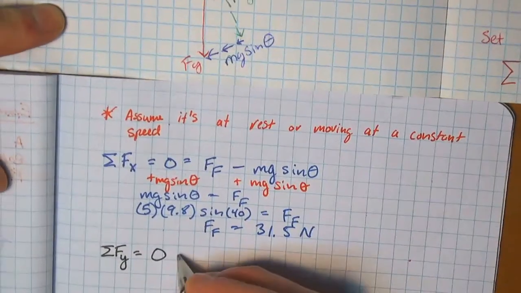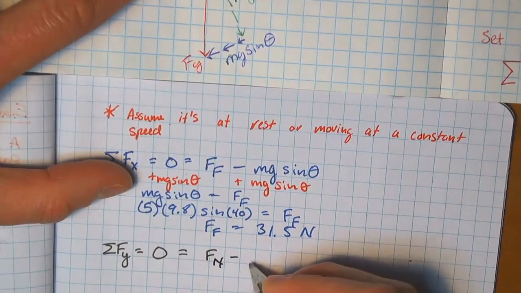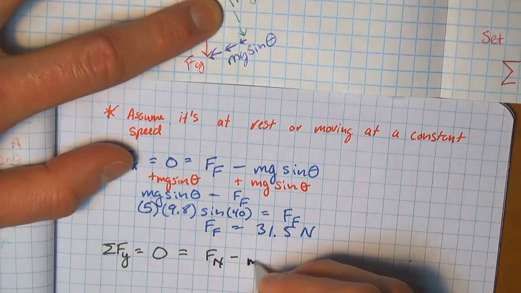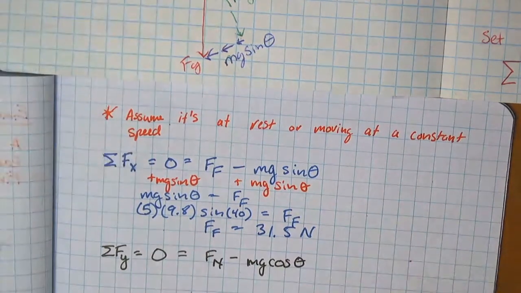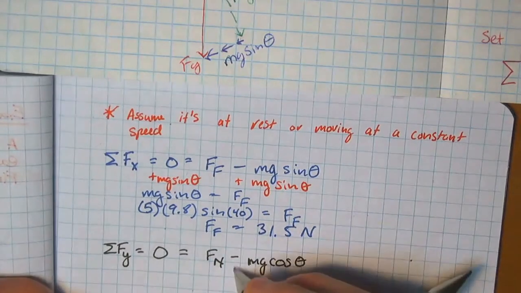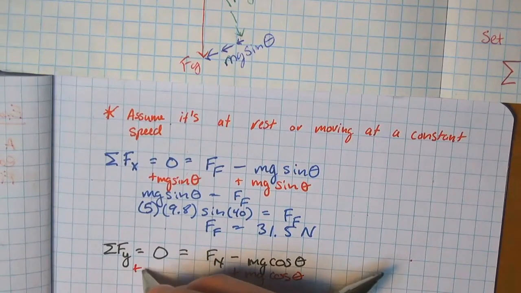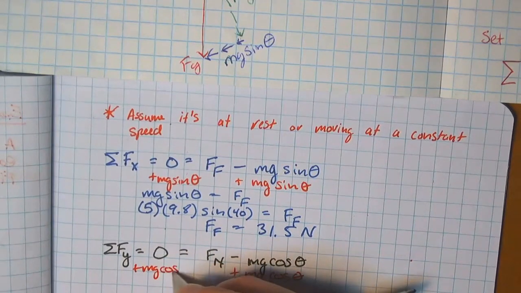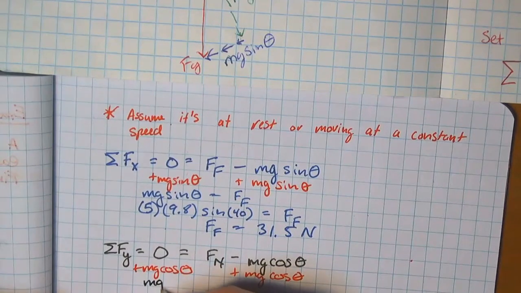So up would be the normal force minus this mg cosine theta. Just like last time, add the mg cosine theta to the other side. So you get mg cosine theta equals normal force.